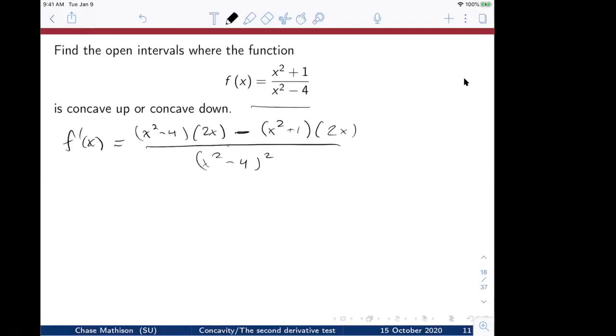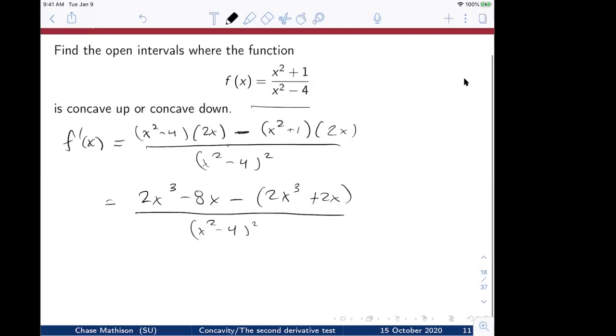All right, so this is equal to, after simplifying a little bit, 2x cubed minus 8x minus 2x cubed plus 2x over x squared minus 4 squared. The 2x cubes cancel, right?